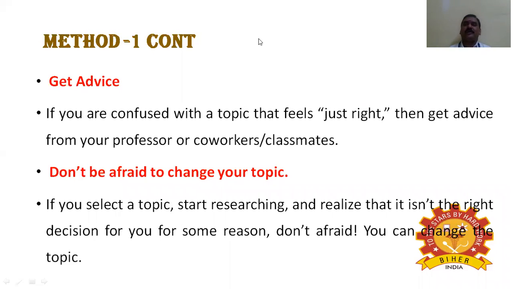It's very important. If you are confused about your particular topic, that's okay. Then get advice from your colleagues, teaching faculty, professors, co-workers or classmates. They'll give you good advice to write your successful research.